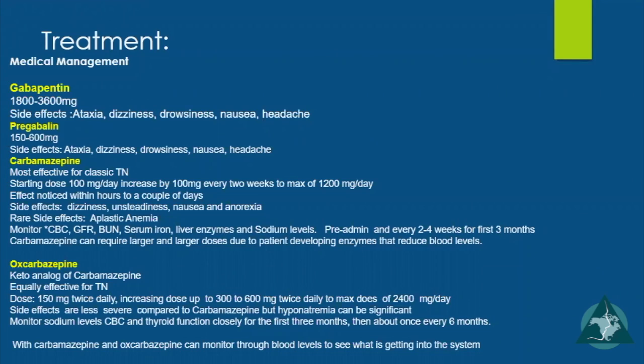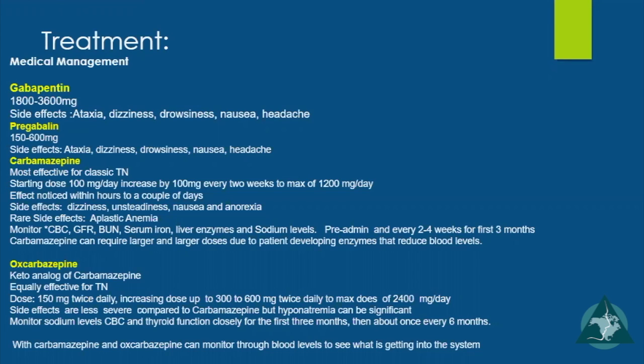Treatment for trigeminal neuralgia includes medical management, and for medical management there is a range of anticonvulsant medications in which carbamazepine and oxcarbazepine are the most effective for classical trigeminal neuralgia.